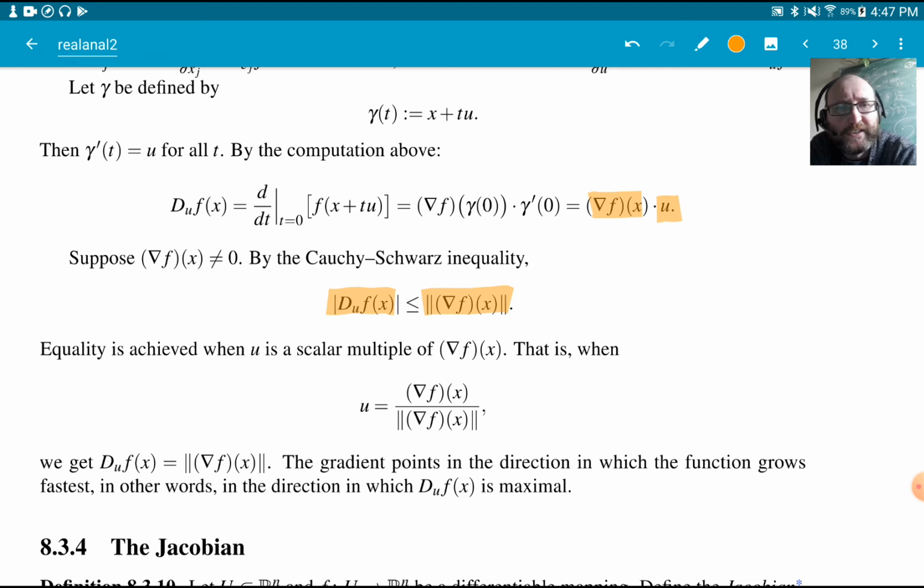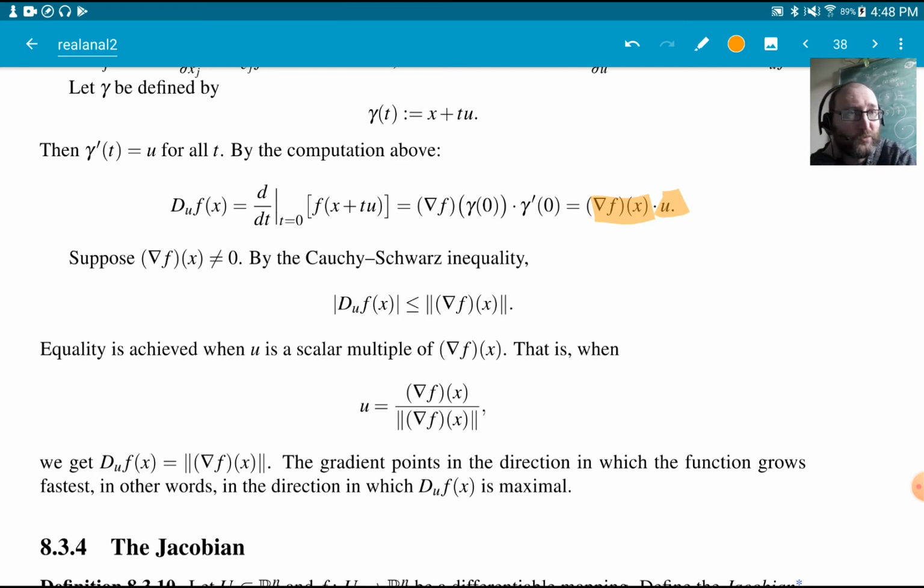The norm of the gradient gives us the maximal rate of change in any direction. Furthermore, Cauchy-Schwarz also tells us when equality is achieved: precisely when these vectors are scalar multiples of each other, when u is a scalar multiple of the gradient of f.